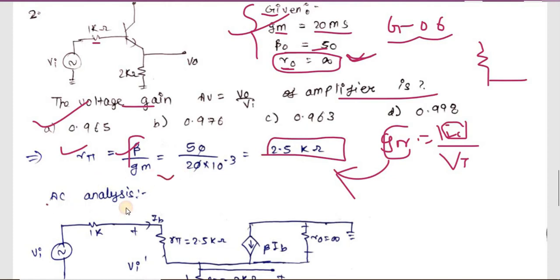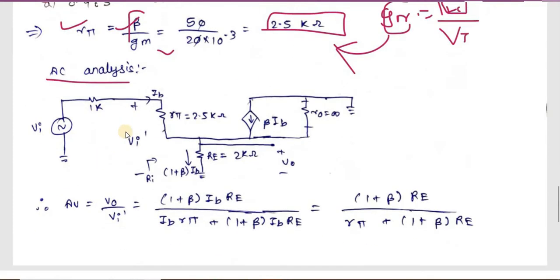Now we can move on with the AC analysis. Here you can see we have used the RE model, and this is your RS, this is your VI, we usually say it as VS, and here it is your RO. Note one thing: this is your R pi, this is your RE, this is your current controlled current source, and this is your RO.